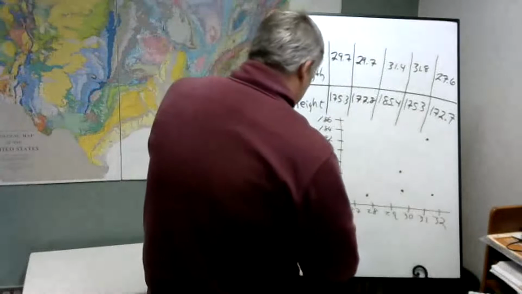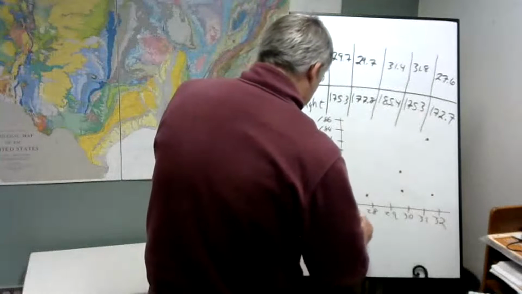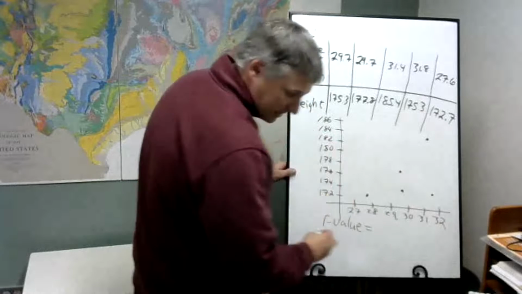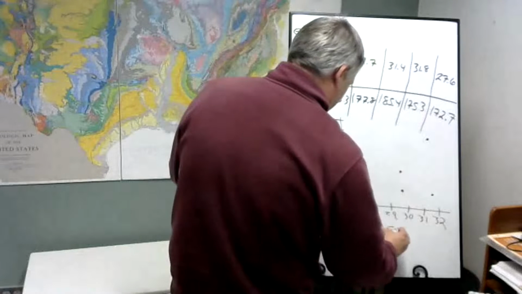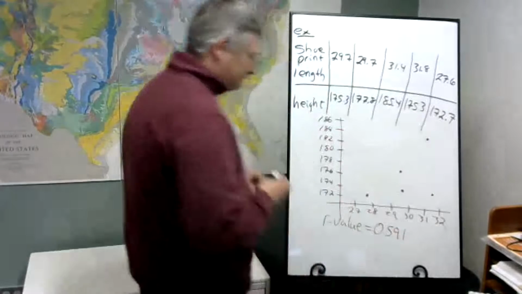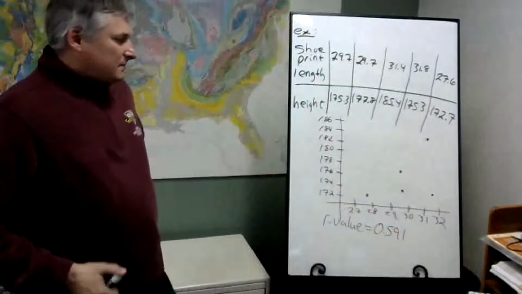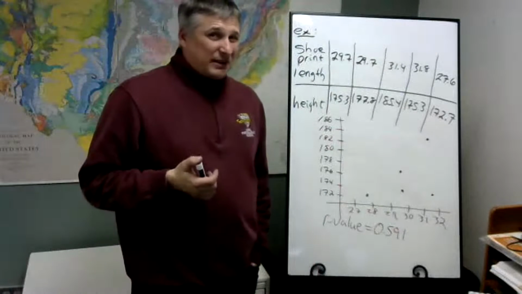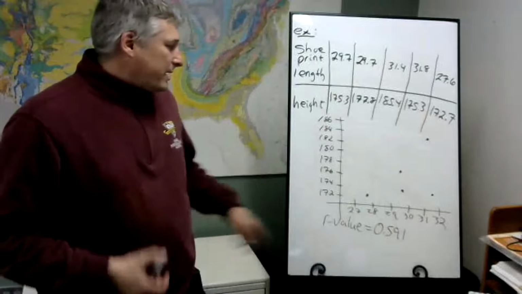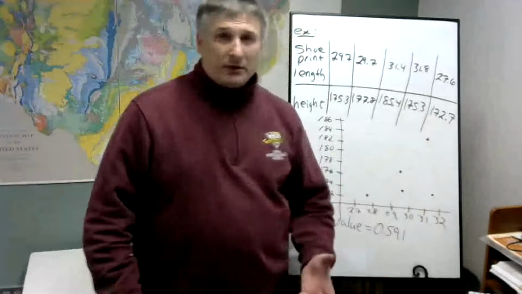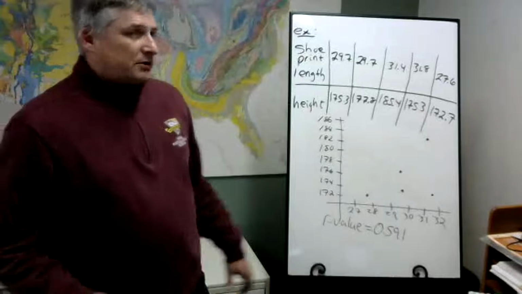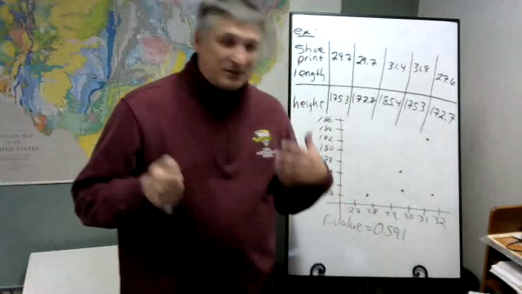You get an R value of 0.591. So do we have a good correlation here? Well, we have 1, 2, 3, 4, 5 points. So what we're going to do, we're going to look on our table in the text. This is going to be in section 2.4.